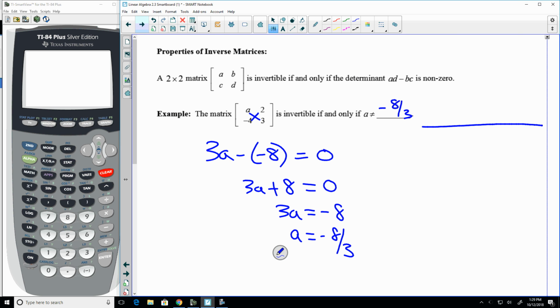Side note, we talked about singular, non-singular, right? So if a matrix is singular, that means not invertible.